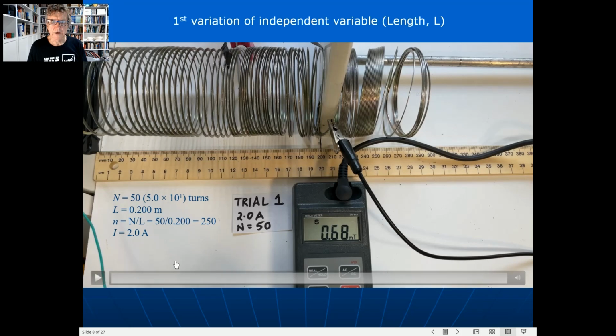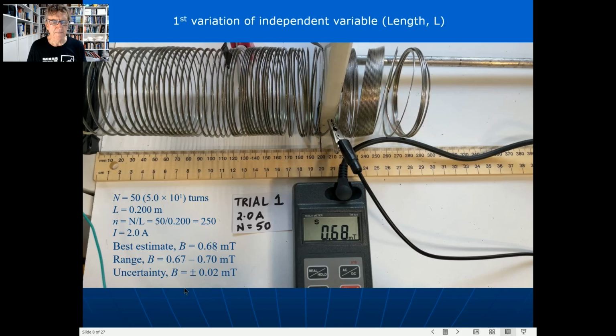Okay, now what you'll notice is there was a little bit of variation in the reading. Now the best estimate, that is the central tendency if you like, was about 0.68, like I've got on the screen. It tended to be around about that and varied up and down.